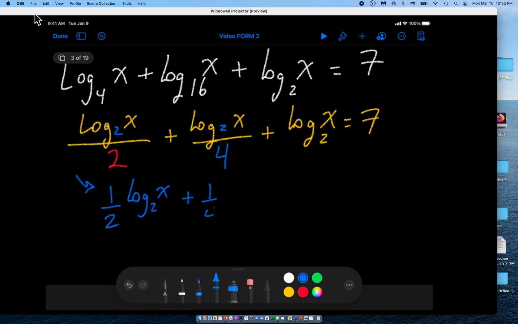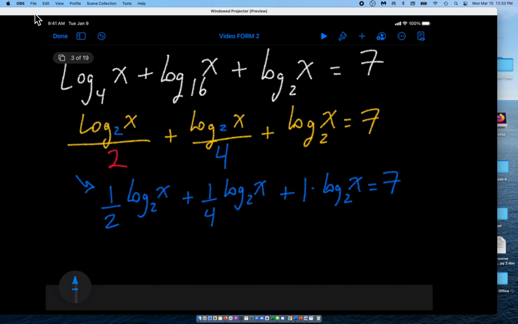This is 1/4 log base 2 of x. And this is 1 times log base 2 of x. We can replace this with 2/4 plus 1/4 plus 4/4, and we have 7/4 log base 2 of x equals 7.